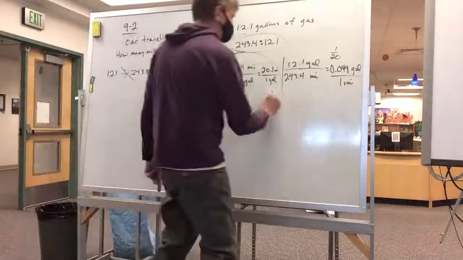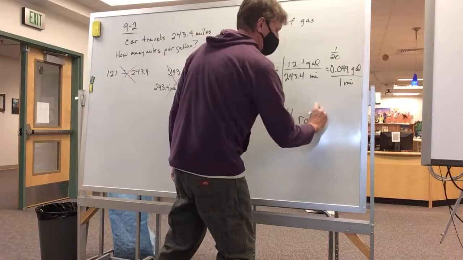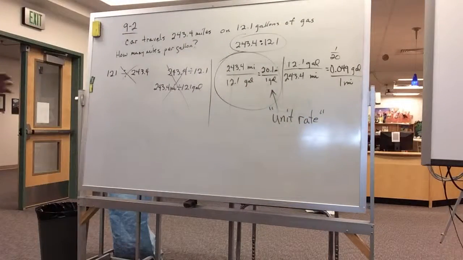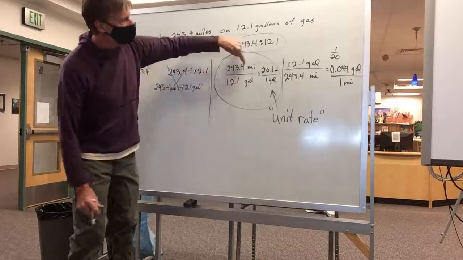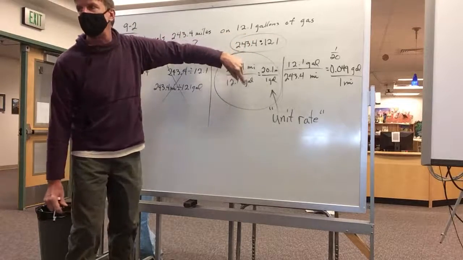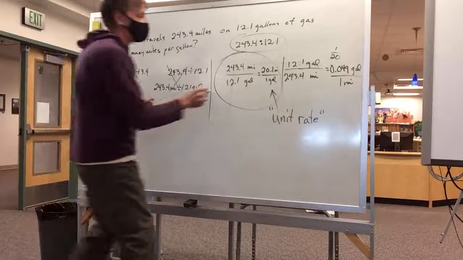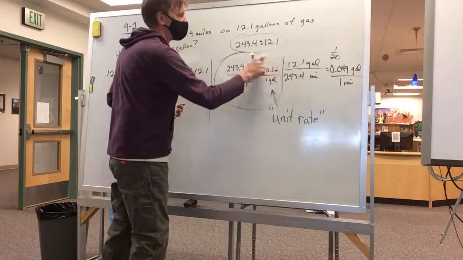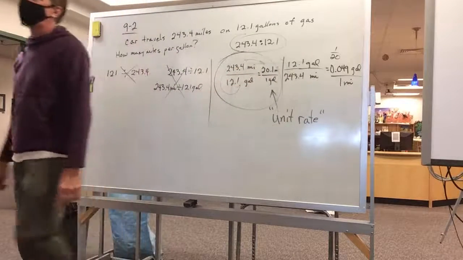This here is called a unit rate because there's 1 in the denominator position. And we can think of this as 243.4, the numerator, divided by 12.1, and the denominator also divided by 12.1. So you can look at it as just simplifying a fraction, or simply taking that division, it becomes our numerator divided by 1.